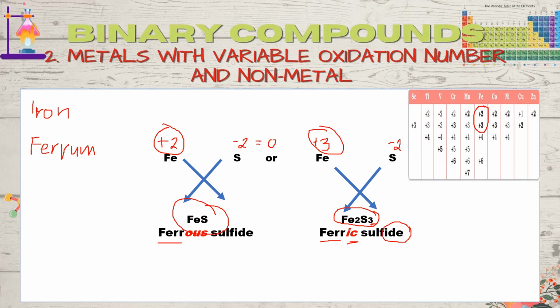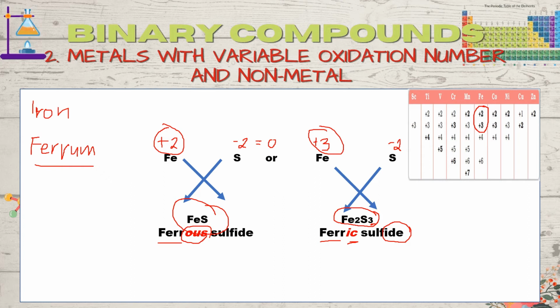So, in example number 1, you use the OUS ending because mas mababa yung oxidation number ng Fe na ginamit nito kasi positive 2 lang. So, mas lower to kaya OUS ang ending. Fer, galing pa rin po sa Latin word na iron na ferrum.